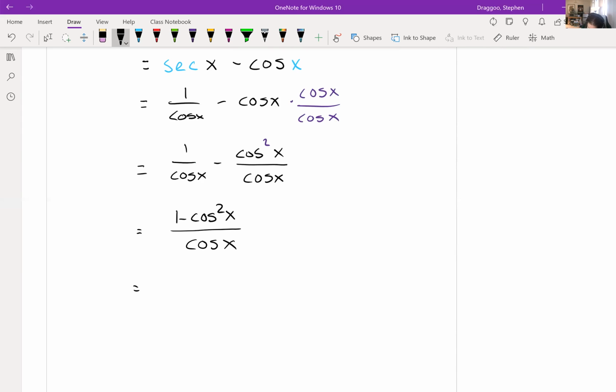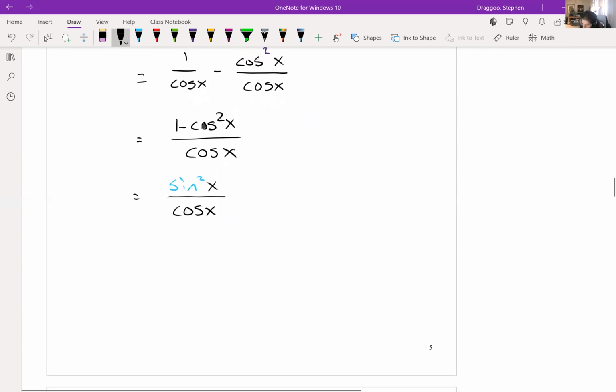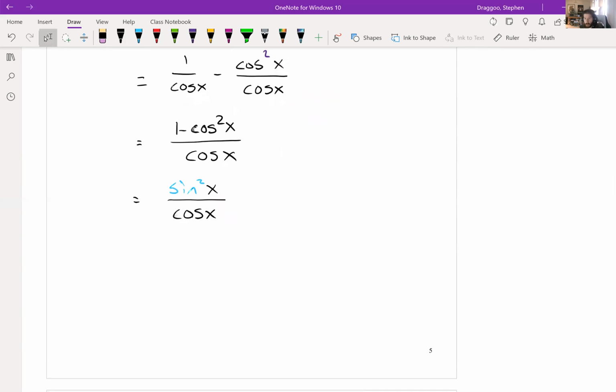Then 1 minus cosine squared is a Pythagorean identity. That'll be sine squared x over cosine x. And then finally, we've just got to start working this answer to look like the one that we were starting with, which was tangent over cosecant.